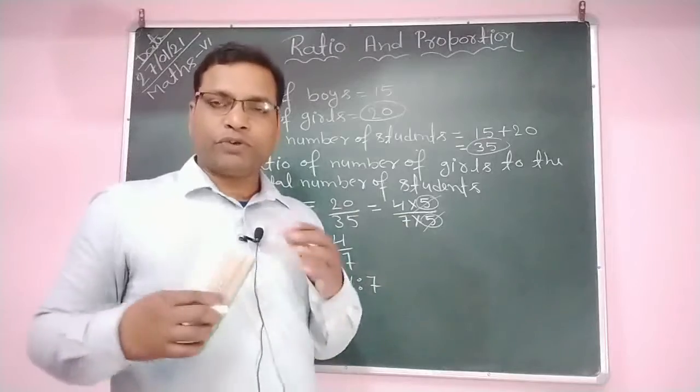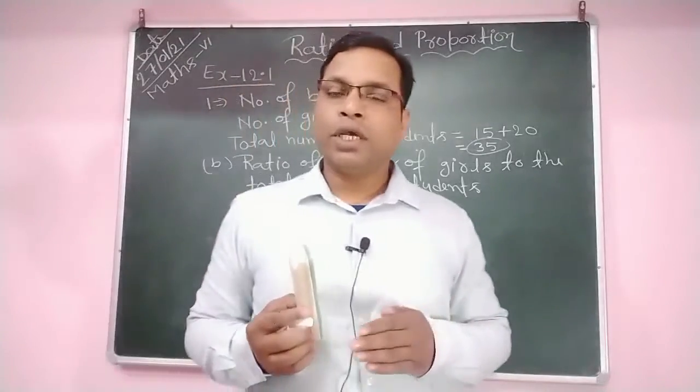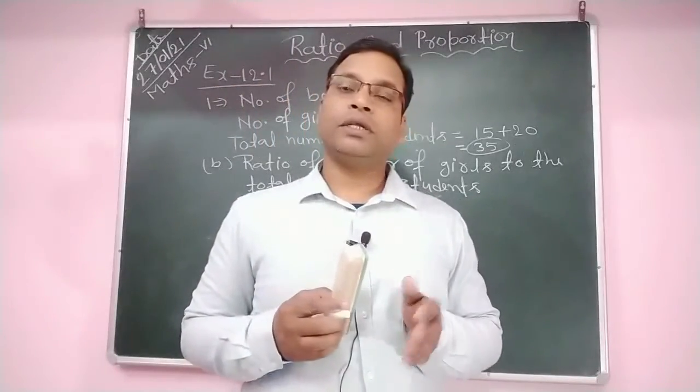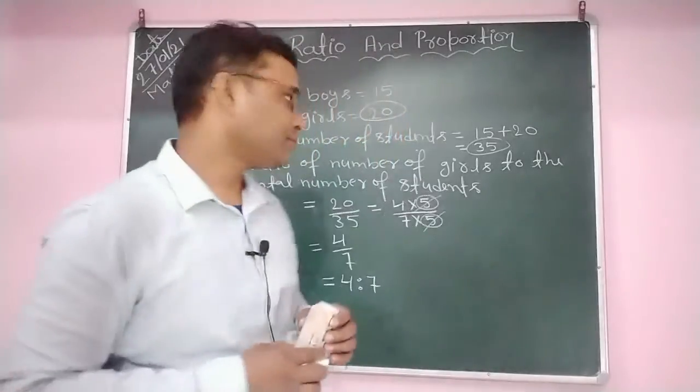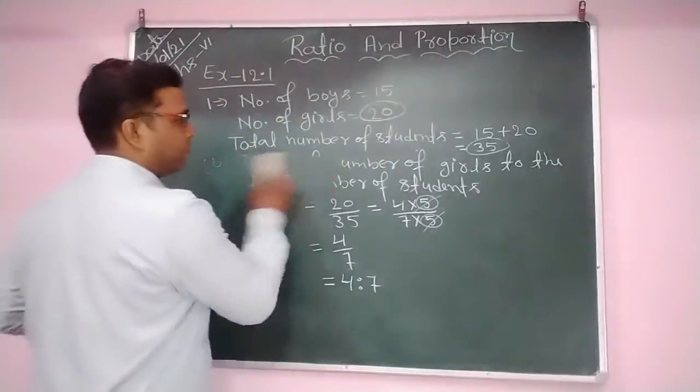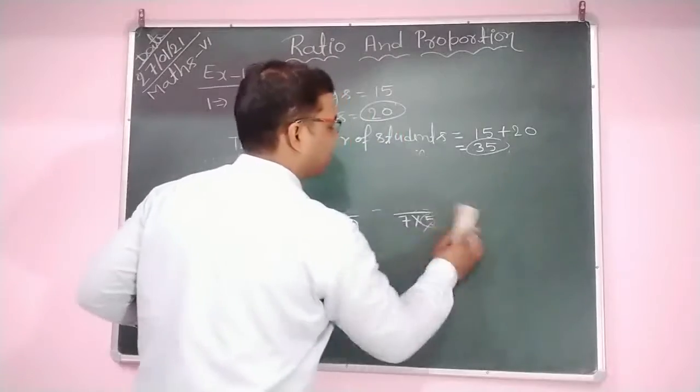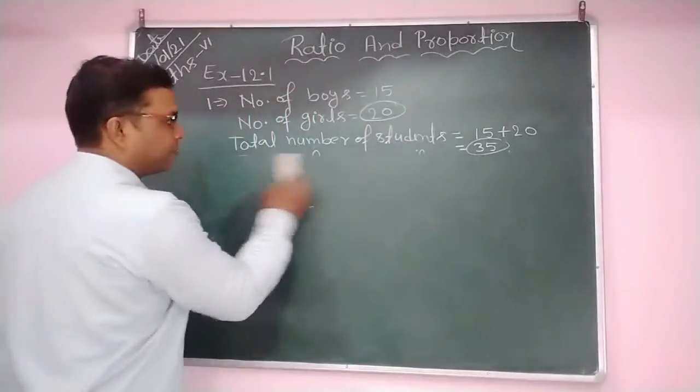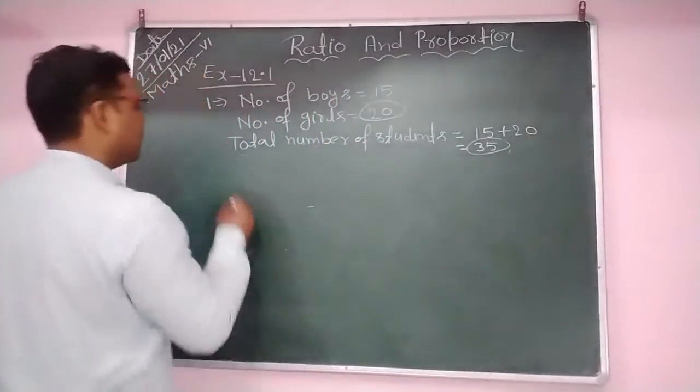Suppose you need to find the ratio of the number of boys to the total number of students, then how do you find it? So let's see. First we write it, after this we find its C part.